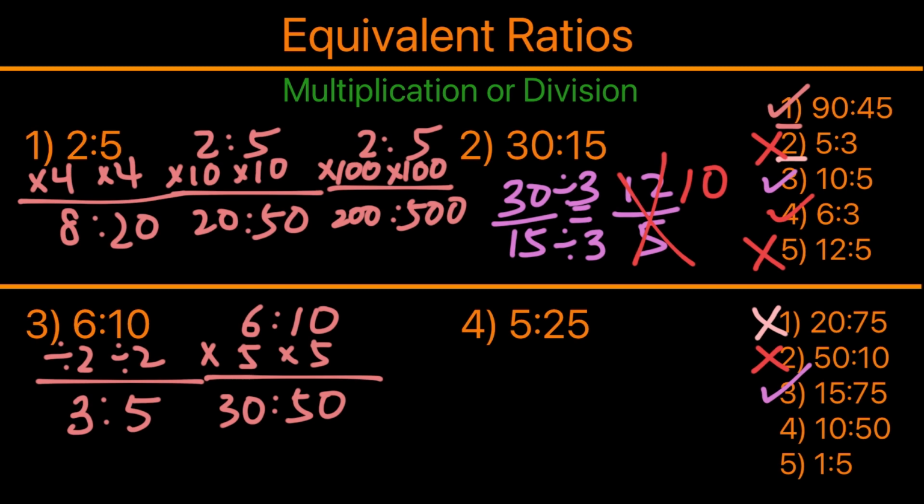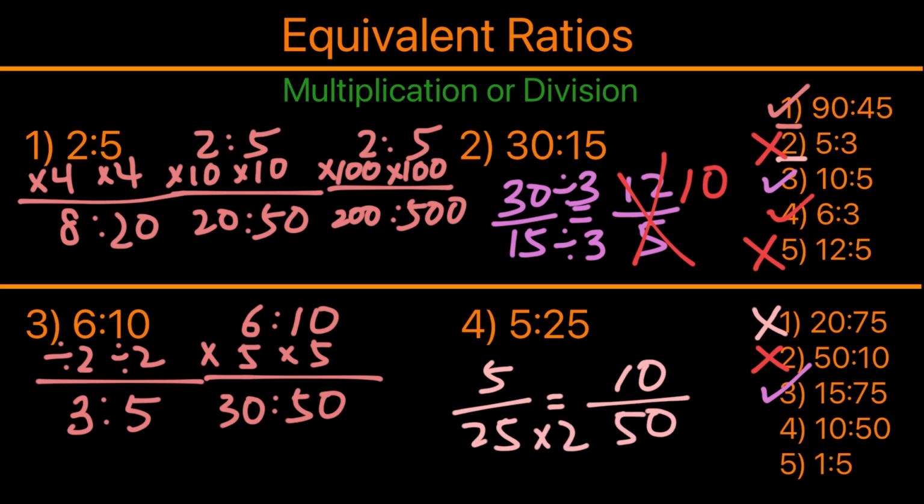Now, let's try the fourth option, 10 and 50. From the denominator, we can see 25 times 2 is 50, and 5 times 2 is 10. So therefore, we have an equivalent ratio here.